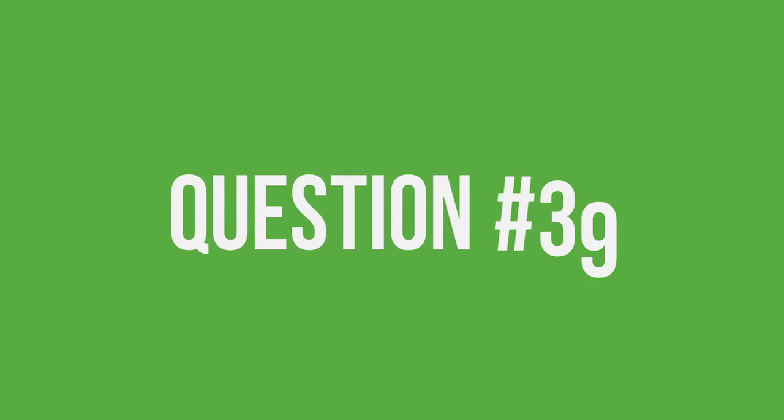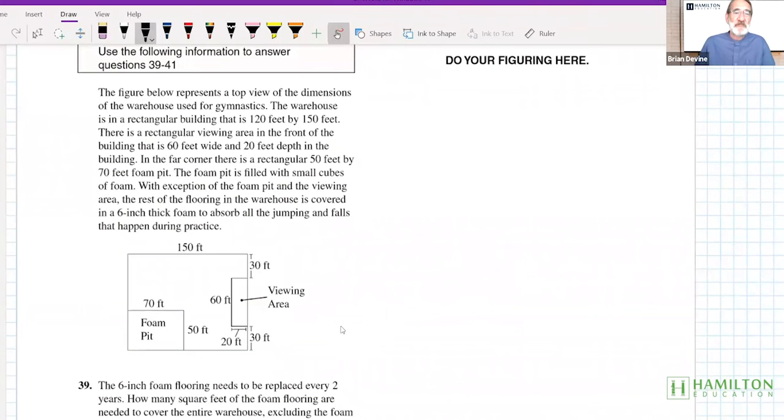For number 39, you're given a floor plan. We were described one earlier when someone was trying to put flooring in. This figure below represents the top view of a warehouse used for gymnastics. The warehouse is in a rectangular building, 150 feet long, and it looks like it's 60 plus 60, 120 feet.